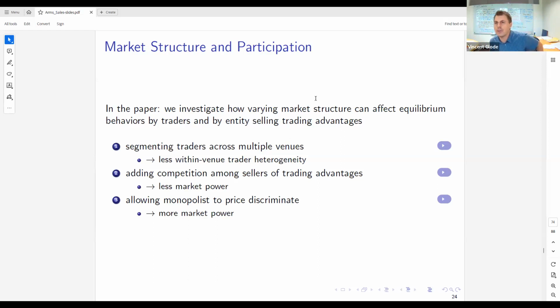And in order to do this, we need being on one side to not have the same benefit as being on the other side. Meaning, if liquidity suppliers and liquidity demanders both got $5 for acquiring the trading advantage, then it wouldn't matter what type they are.